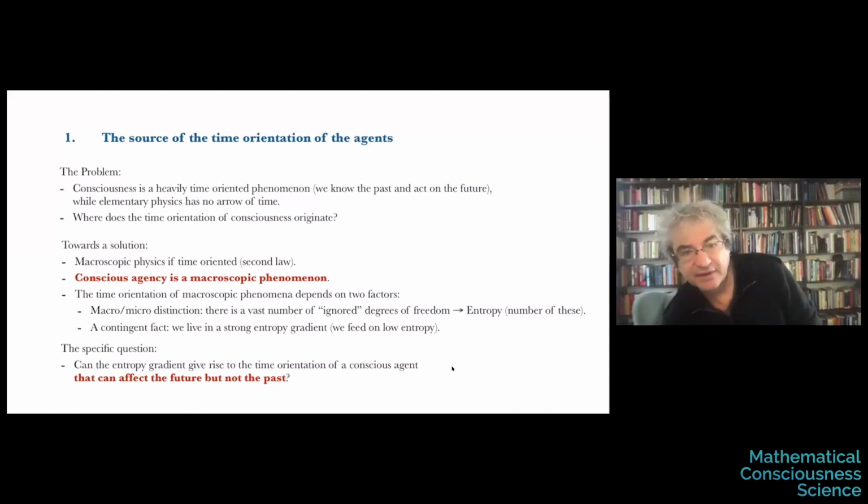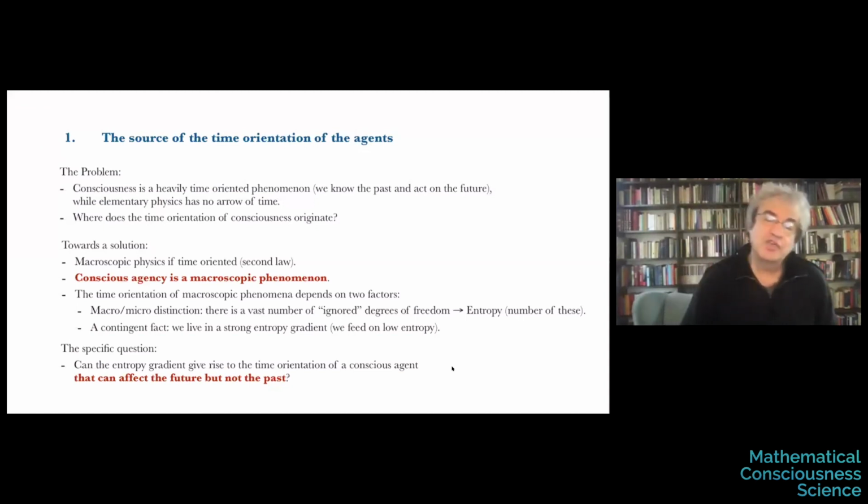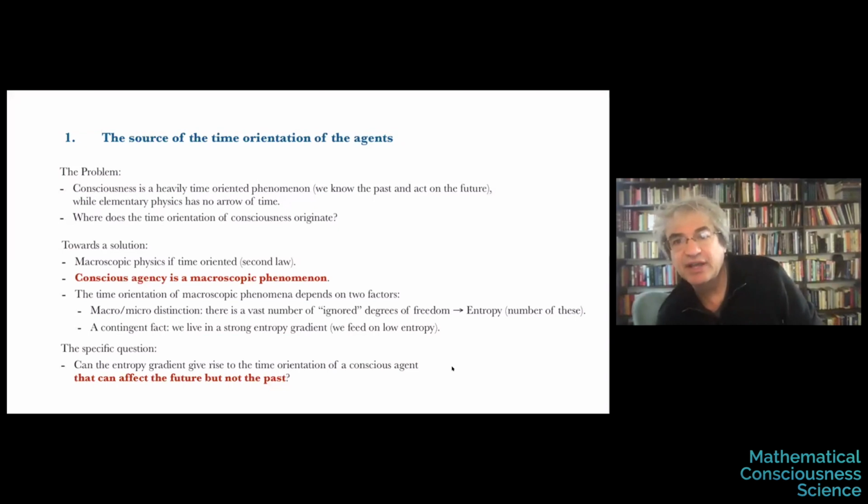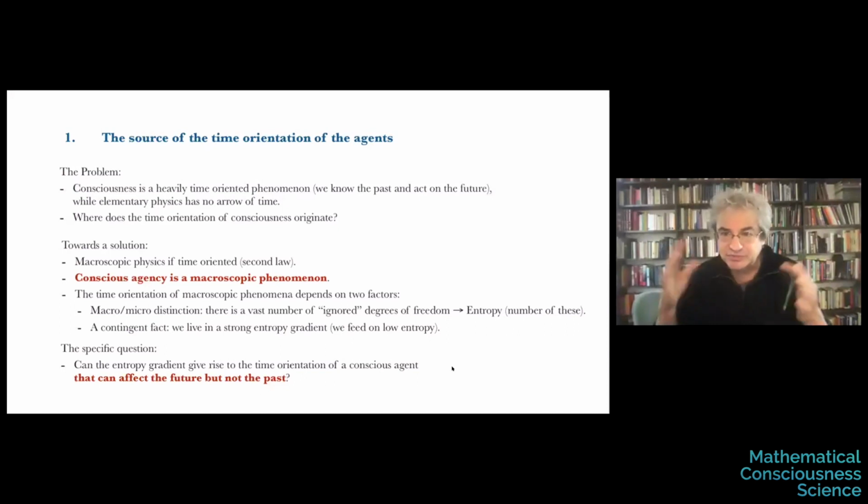The problem is simple. First of all, consciousness: we need a lot of work for understanding consciousness, mathematical work, modeling work, neuroscientific work, philosophical work, physics work, of course, all sorts of things. I believe that at the end of the day, we are going to understand consciousness more as a process than as something that you understand at a single moment of time. Perhaps this is my physicist upbringing and education.